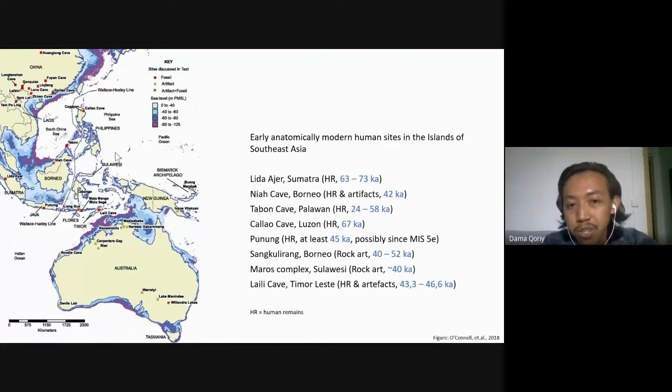The first is the emergence of Homo erectus around 1.5, 1.6 million years ago. The second is the arrival of anatomically modern human at least 60,000 years ago during the Upper Pleistocene.